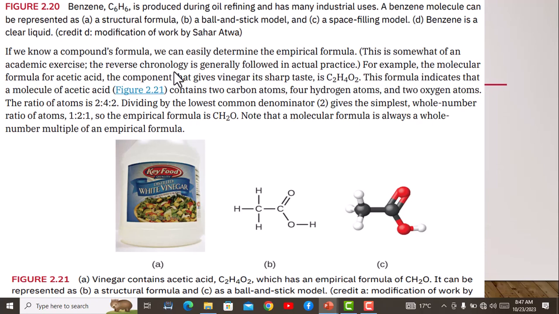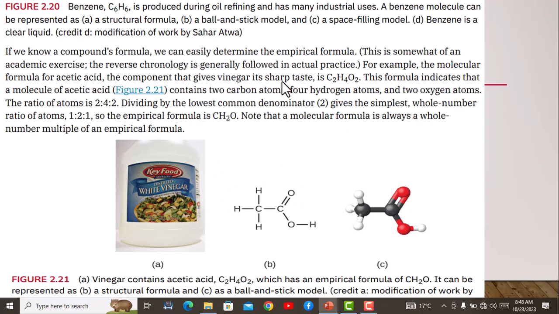The reverse chronology is generally followed in actual practice. For example, the molecular formula for acetic acid. There it is, the molecular formula, and this is the symbology through which it is represented. This is the ball and stick model of acetic acid, which is vinegar.